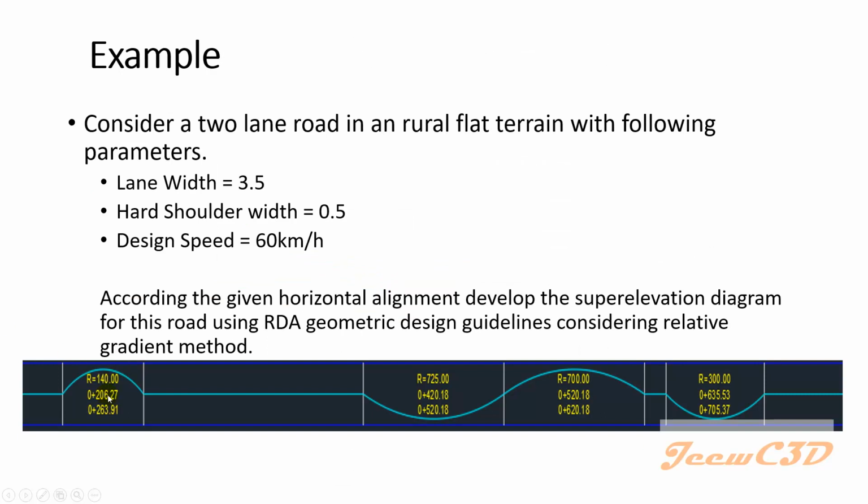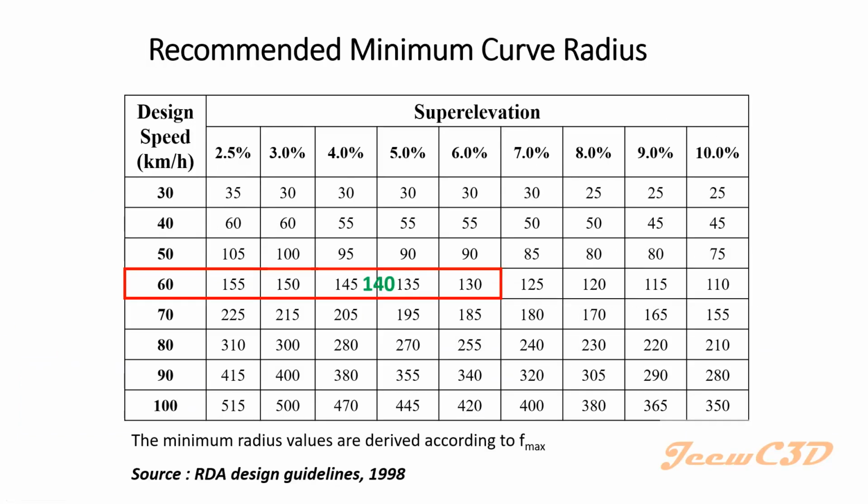Then you have radius 300, 725 and 700. All these super elevations should be 2.5, because any curve with radius greater than 155 will have super elevation of 2.5, but we have to check whether the radius is beyond the adverse cross fall radius, because I told you at the adverse cross fall radius you don't need to apply super elevation, you can go with the normal cross fall.